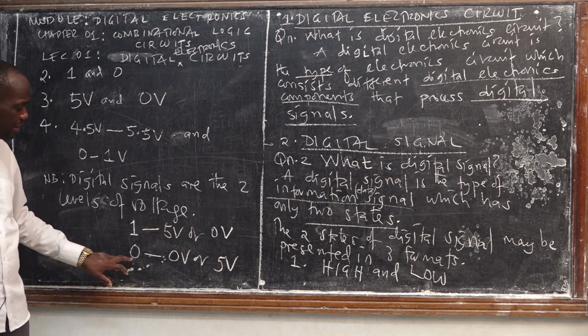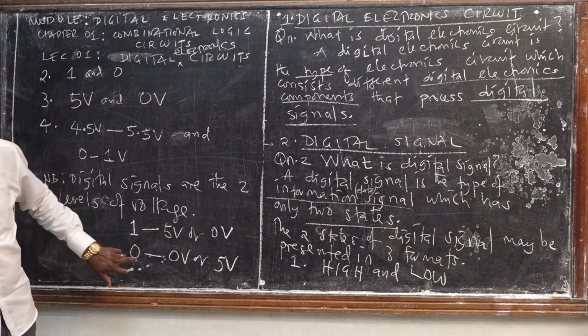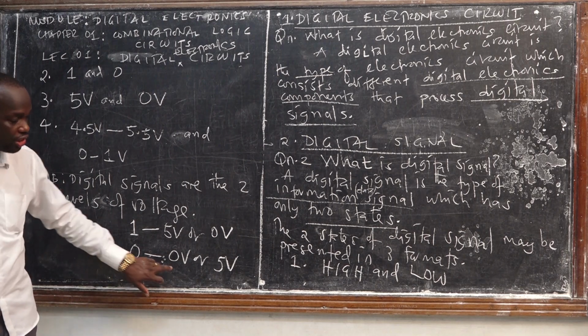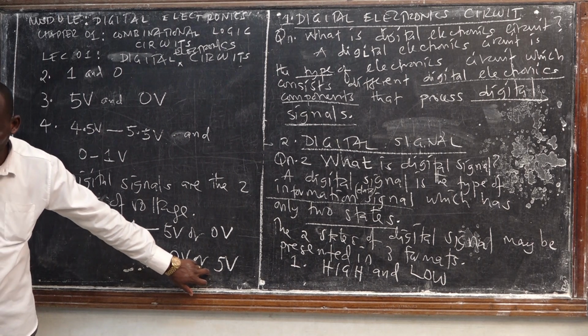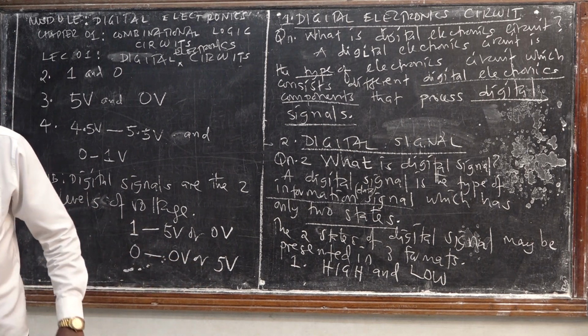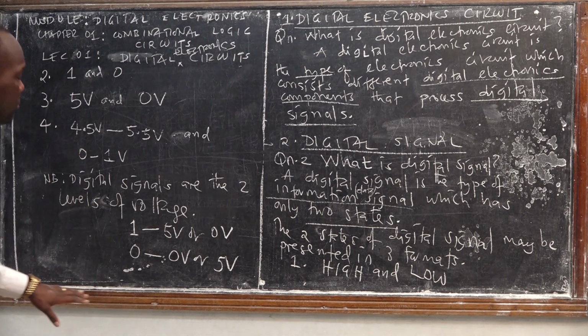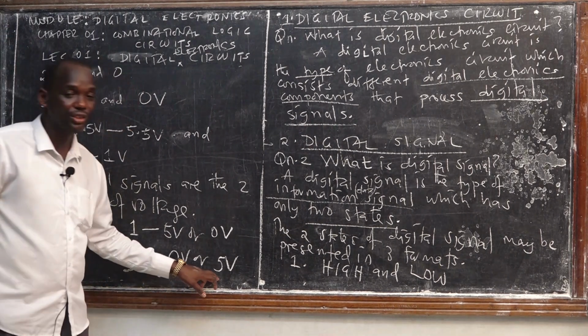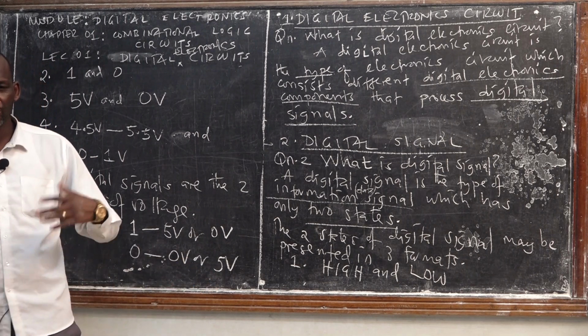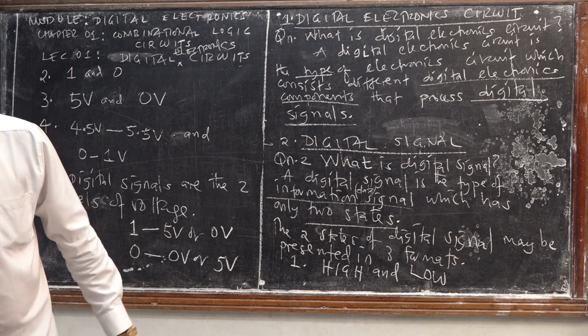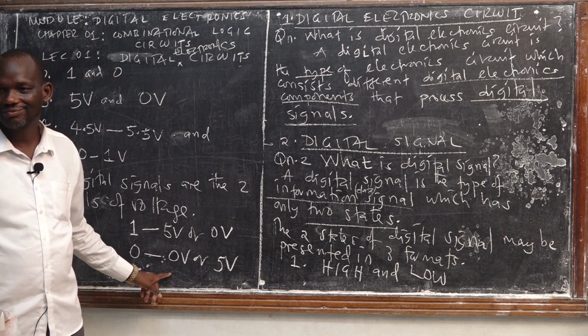And you should not claim that bit number 0 is always presented by 0 volt. No. It can be presented by 0 volt or 5 volt. For instance, some digital sensors, if no signal has been sensed, provide 5 volt. When that digital sensor senses a particular signal from the source, then it provides 0 volt.